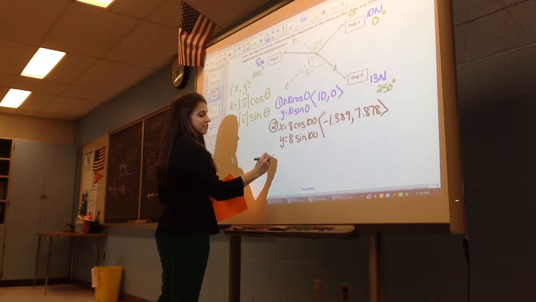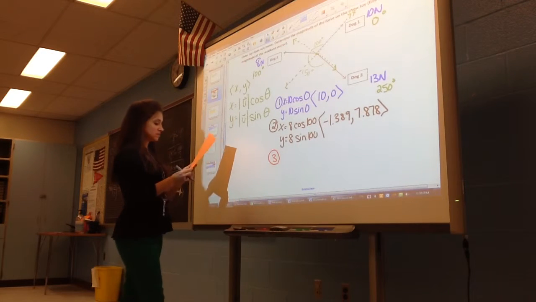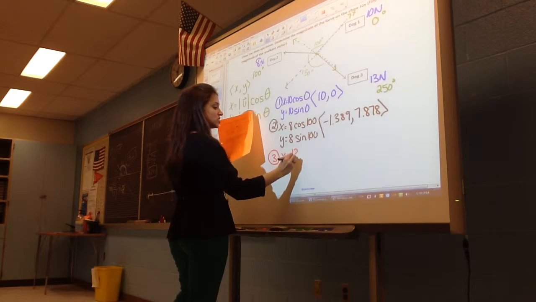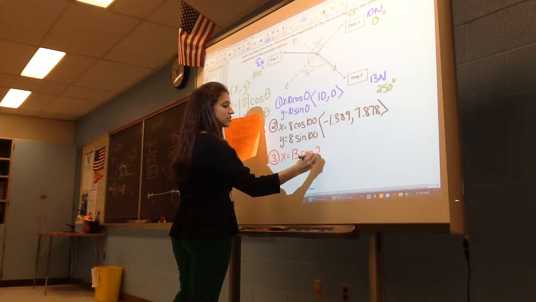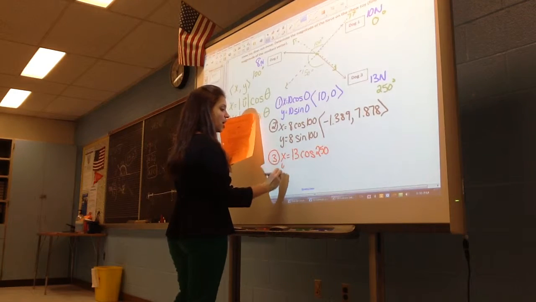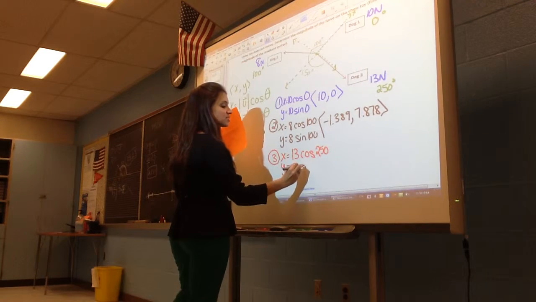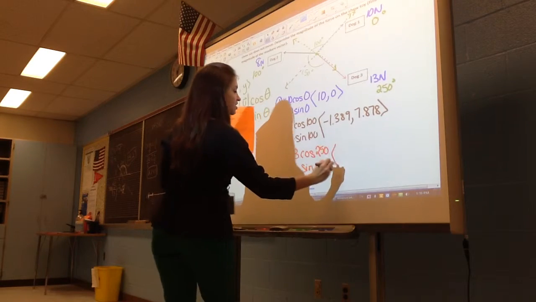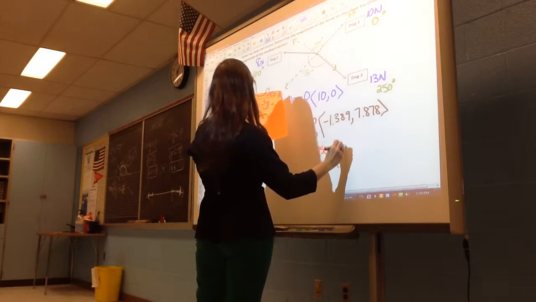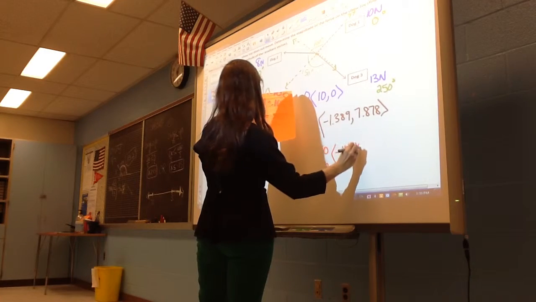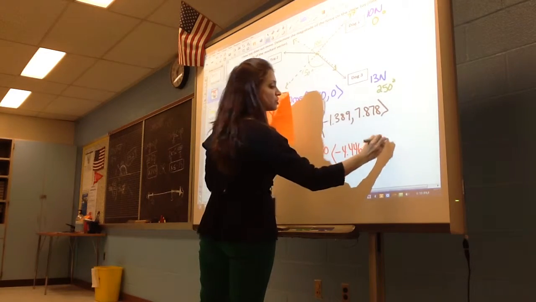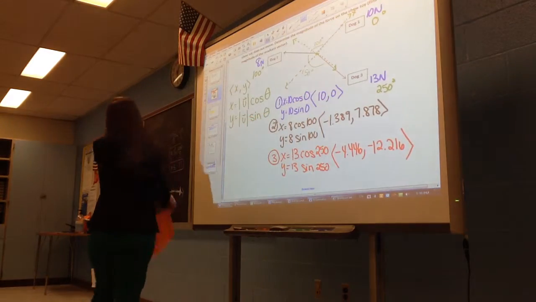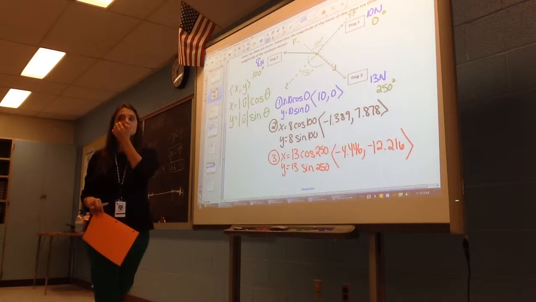And then we can take dog 3, same formulas. X equals 13 times the cosine of 250 degrees. Y equals 13 times the sine of 250 degrees, giving us the components negative 4.446, negative 12.216.